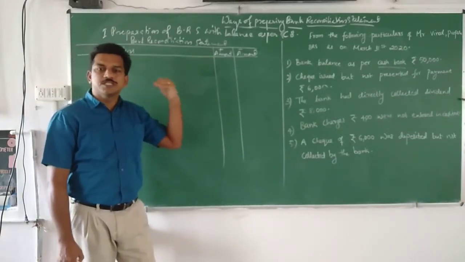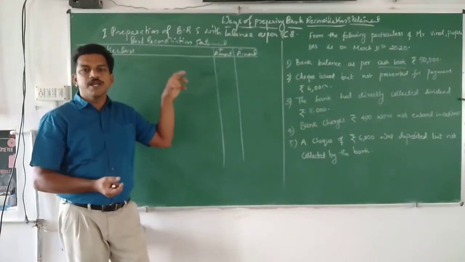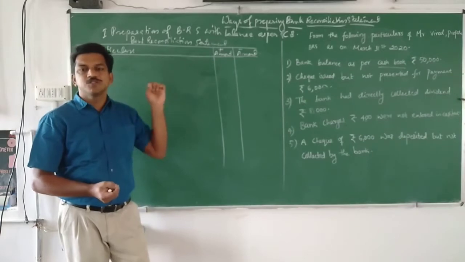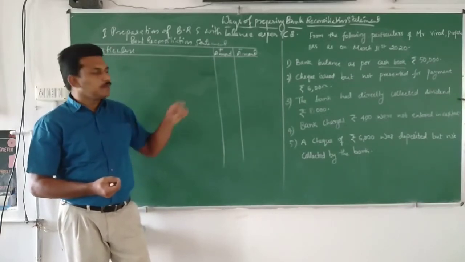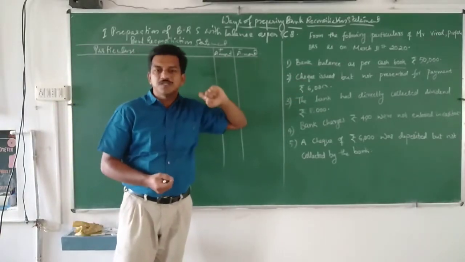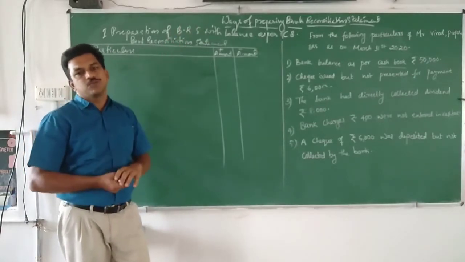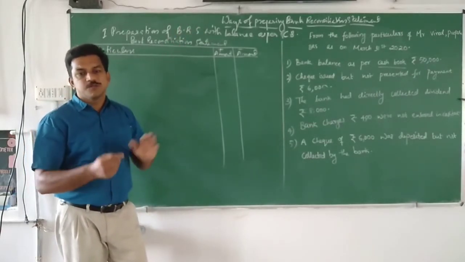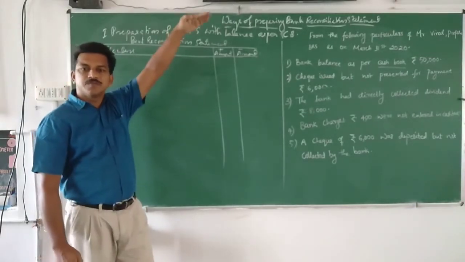If we issued a check, it is an expense shown in the cash book. Okay, but that was not presented for payment. That means this expense was not shown in the passbook. So the bank balance is more.